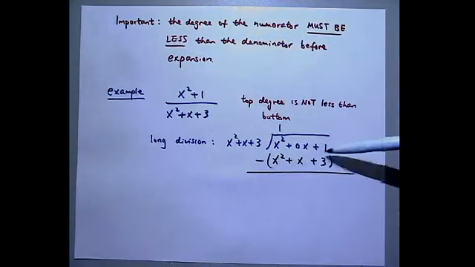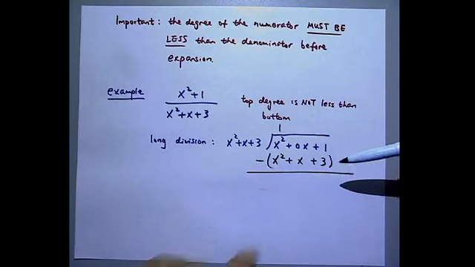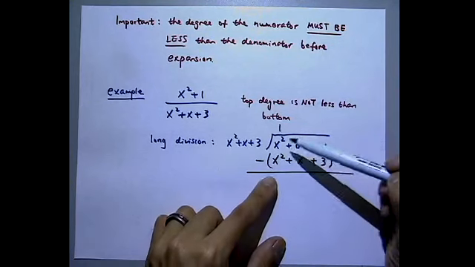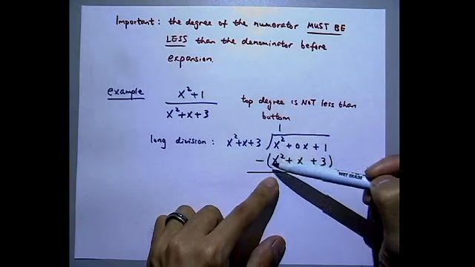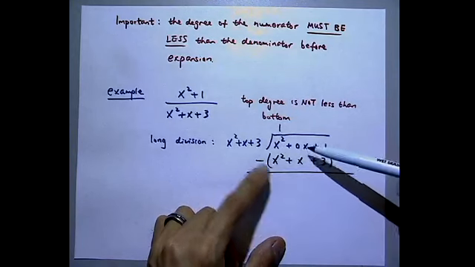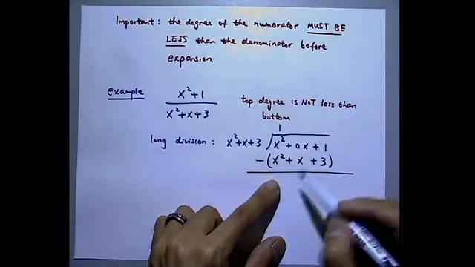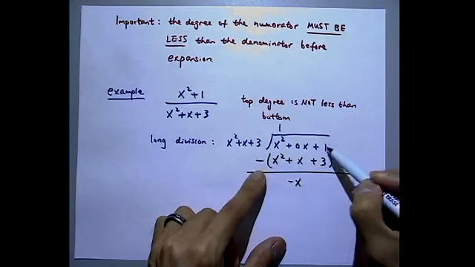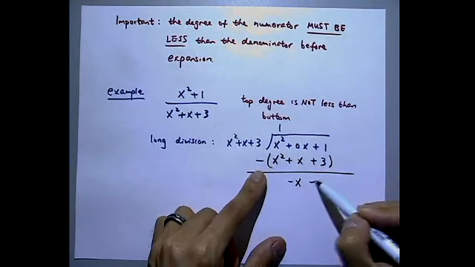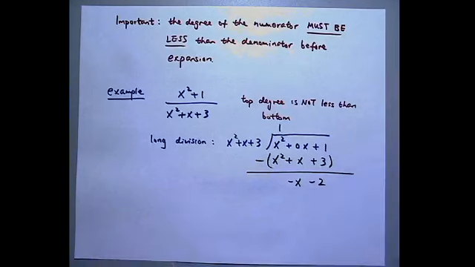And then we have this thing here, subtracting everything down here. So we get x squared minus x squared. The x squared terms go away. 0 minus x, 1 minus 3. Okay?